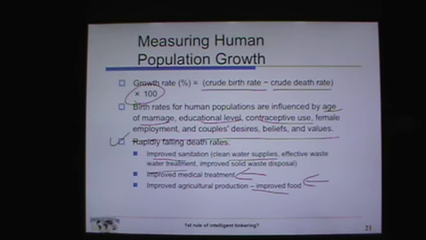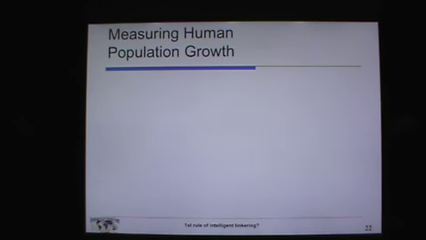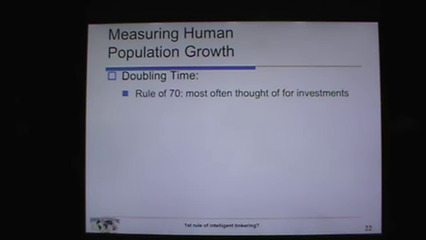But for the most part, in the absence of war, we have a tremendous ability to provide food for people. It all adds up to improved living conditions for most of the humans on the planet. So, measuring population growth. Let's look at doubling time.